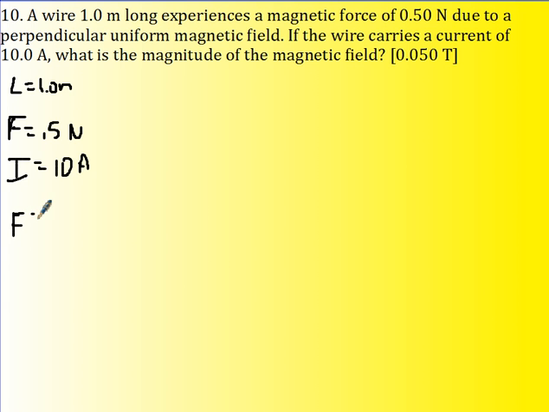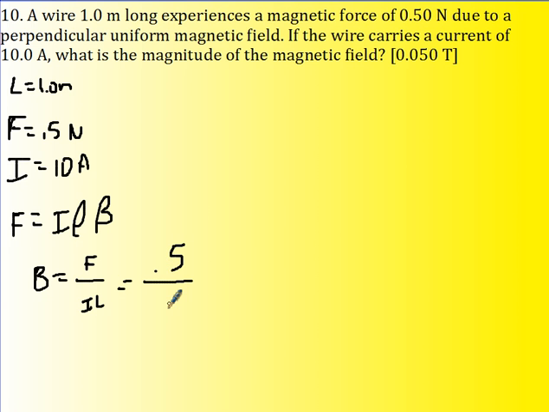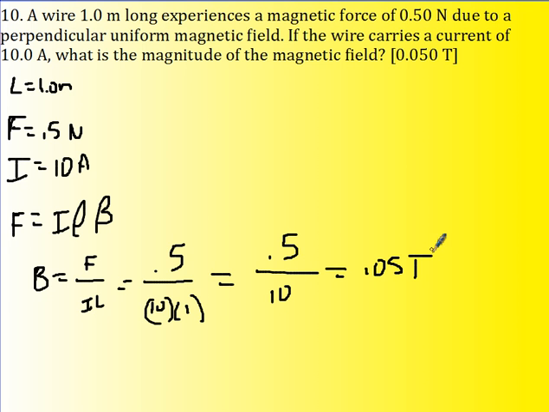F equals ILB. So B is F divided by IL. F is 0.5, I is 10, L is 1. So multiply this across. This is 0.5 divided by 10, 0.05 Teslas.